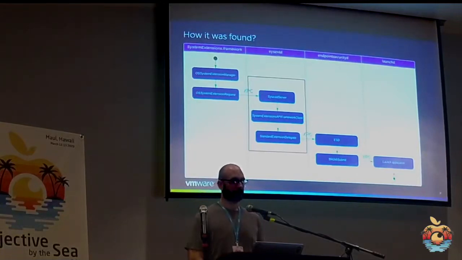In this case, you're starting from the system extension framework, which is meant to be called from user space. It's probably the least amount of security restrictions because a normal application is meant to call these things to activate a system extension.